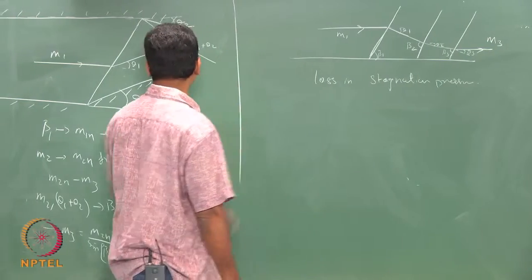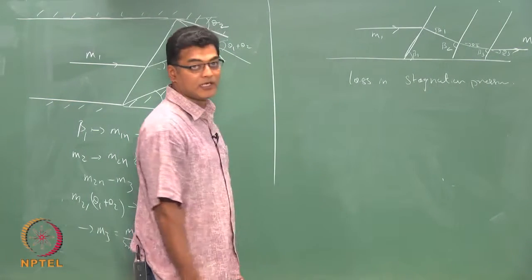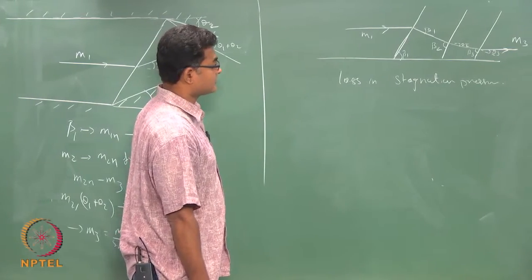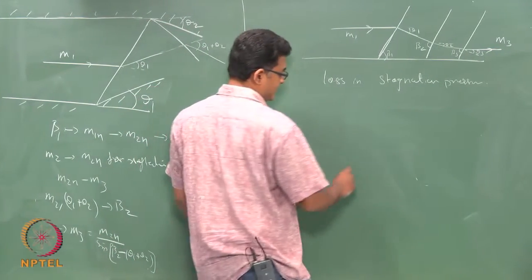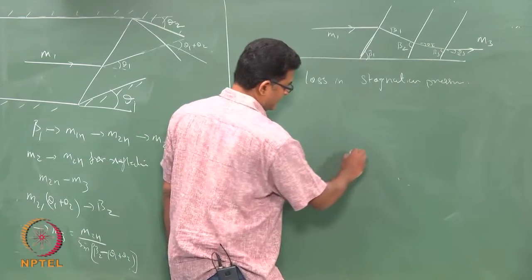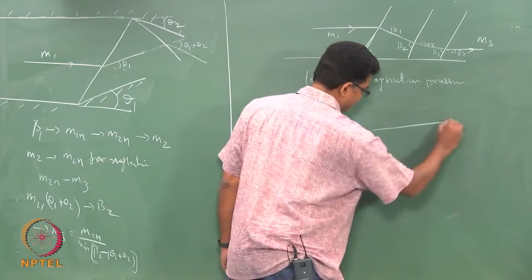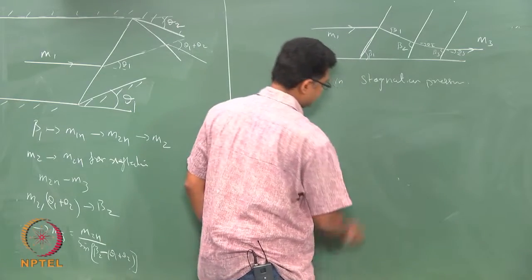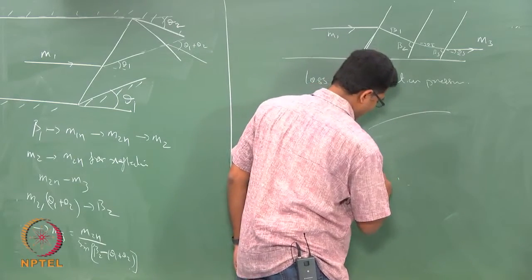So if you can put some numerical values and see how it reduces. Okay, so this happens typically in a gas turbine engine, where I have an inlet.